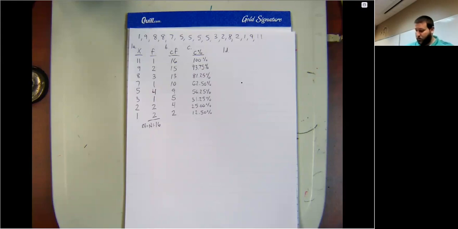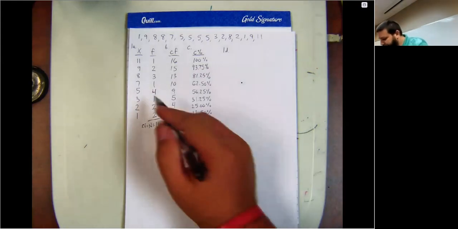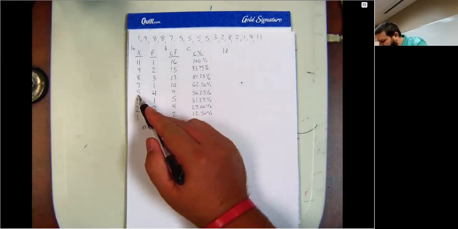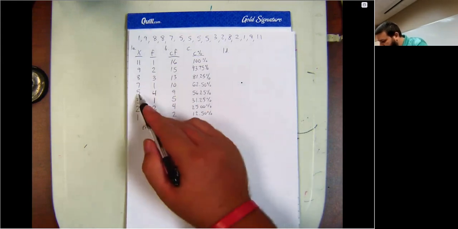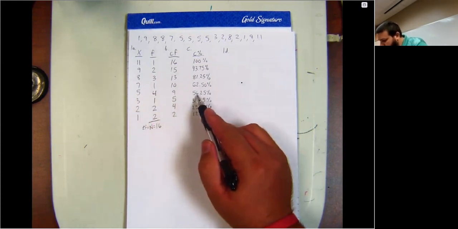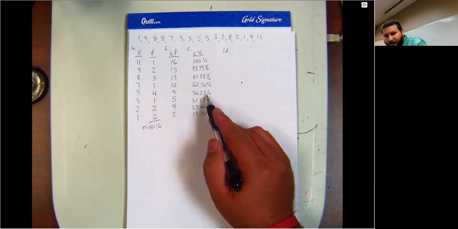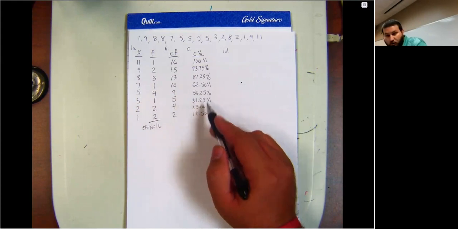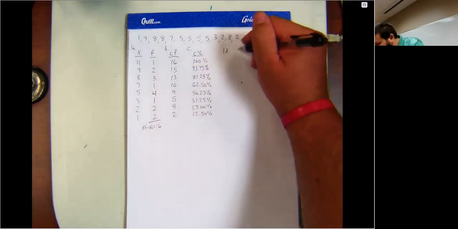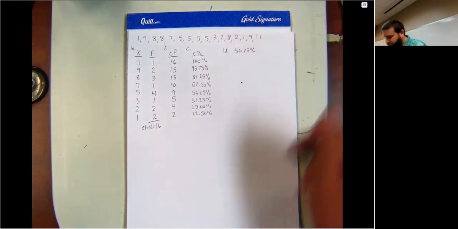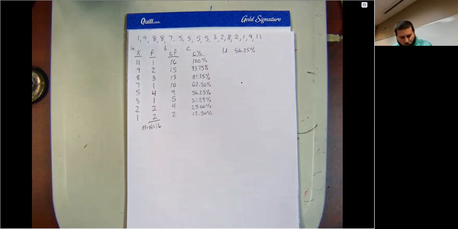Because 5 or lower. So we go to 5, right? And we look at the cumulative percentage. So over from 5 to the cumulative percent column, 56.25% scored a 5 or lower, right? So that would be our answer, 56.25%. All right, what proportion of the, this is 1E.